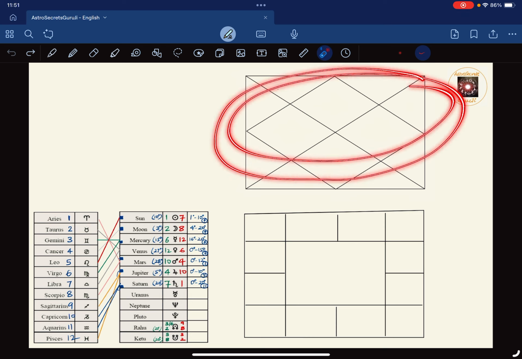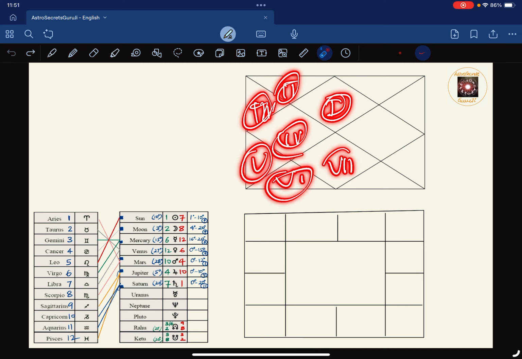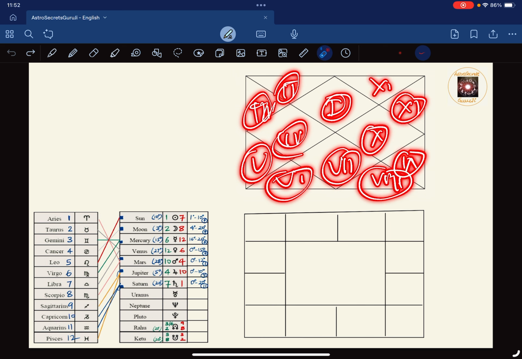So you have this chart here: the first house, second house, third house, fourth house, fifth house, sixth house, seventh house, eighth house, ninth, 10th, 11th, 12th house, right?